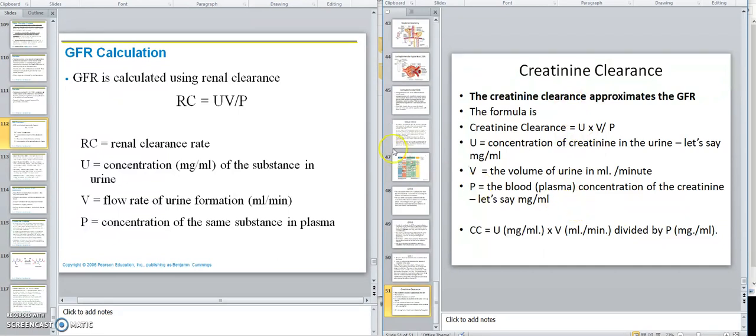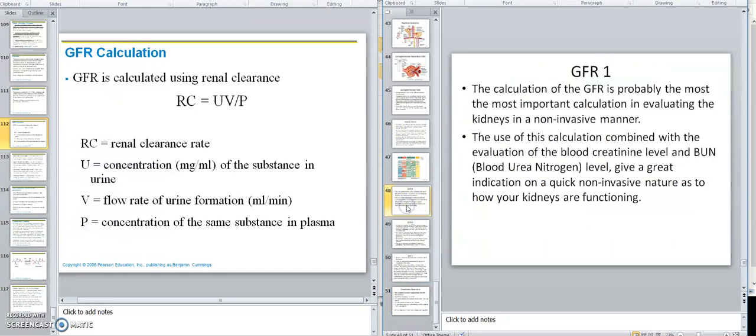And like I said, when it comes right down to it, that calculation is probably the most done calculation when you look at the kidney. And when you combine that and look at the creatinine level in the blood plus the BUN, it gives a good idea of how your kidneys are functioning without doing any invasive procedure. So I hope you kind of understand that now. All right, we'll close here.